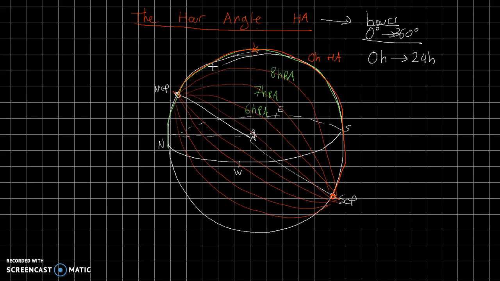And as the celestial sphere rotates around the NCP from east to west, the right ascension itself rotates with the celestial sphere. So 1 hour from now, the stars that are over here will come over here. So the stars that have a right ascension of 9 hour will be at the position right now occupied by the 8 hour right ascension stars.